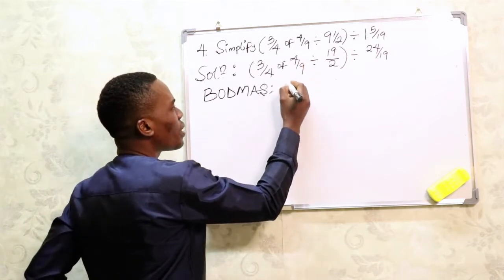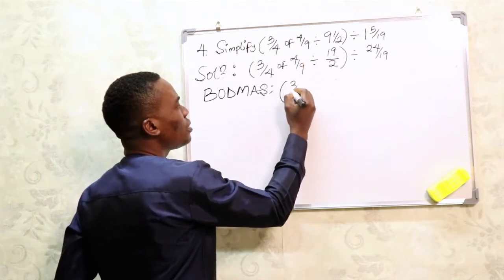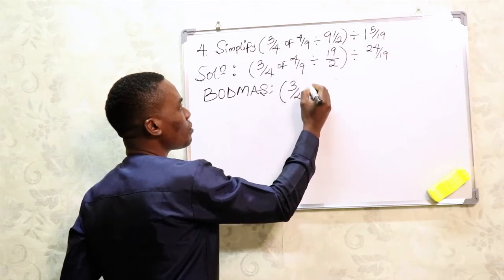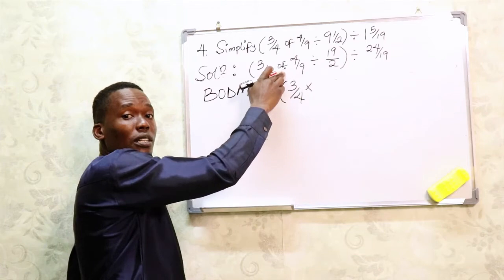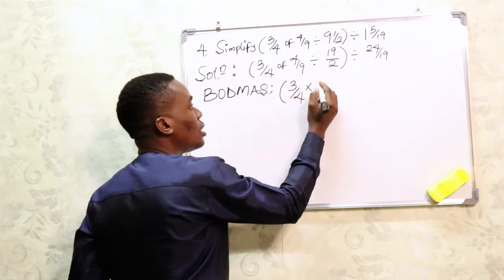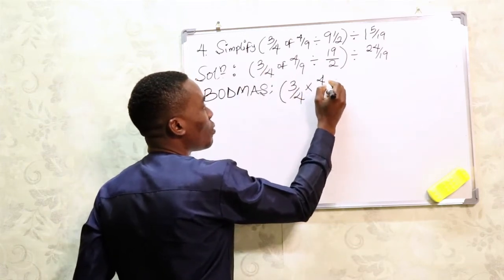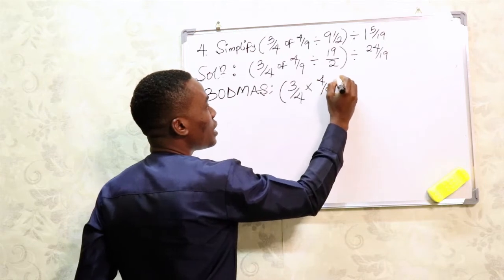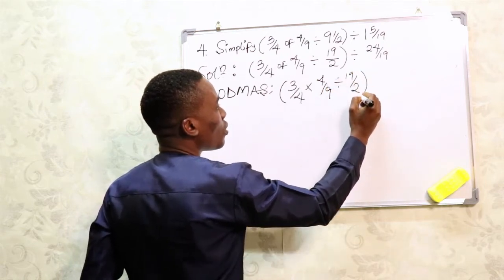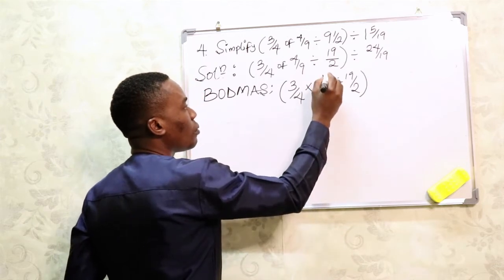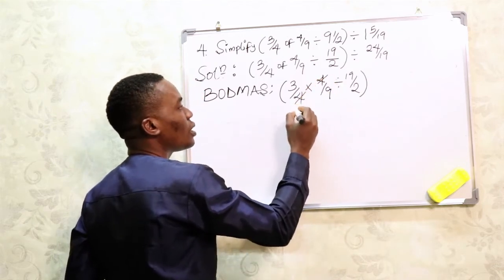Now, if we expand that bracket, we are going to have 3 over 4 multiplied by, because off in mathematics simply signifies multiplication, multiplied by 4 over 9 divided by 19 over 2, all in bracket. Multiplying this, we are taking care of the off.